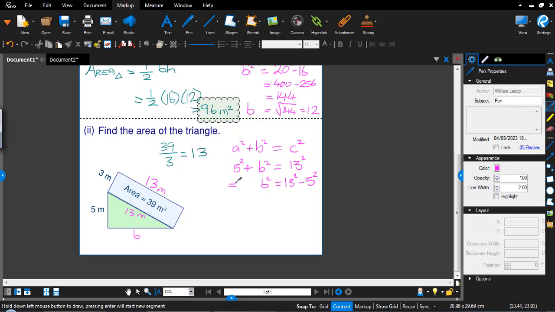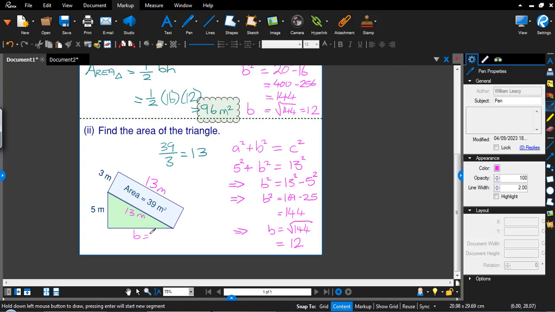So that implies B squared equals 169 minus 25, and that equals 144. So that implies B equals root 144. That equals 12 again. Same as before.